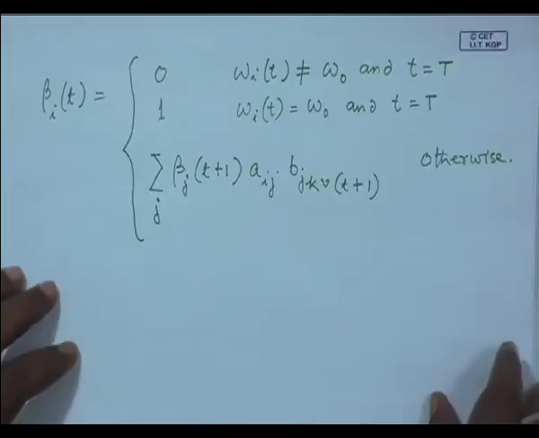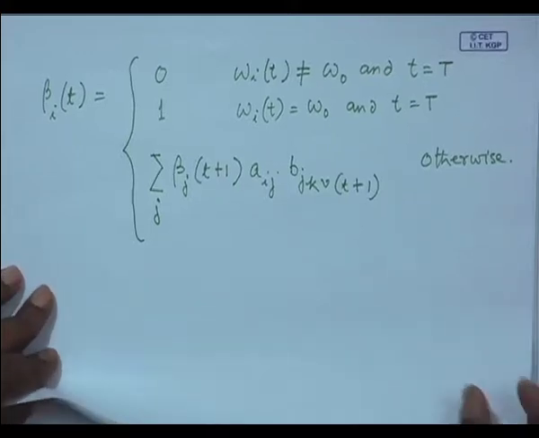And we will see in a short while from now that both this forward probability and backward probability will be used for estimation of the transition probabilities a i j and b j k.